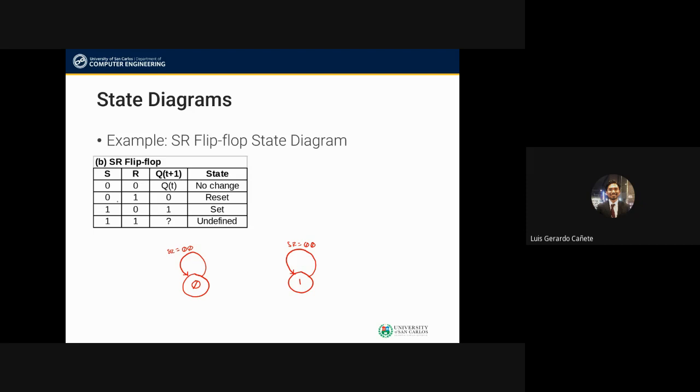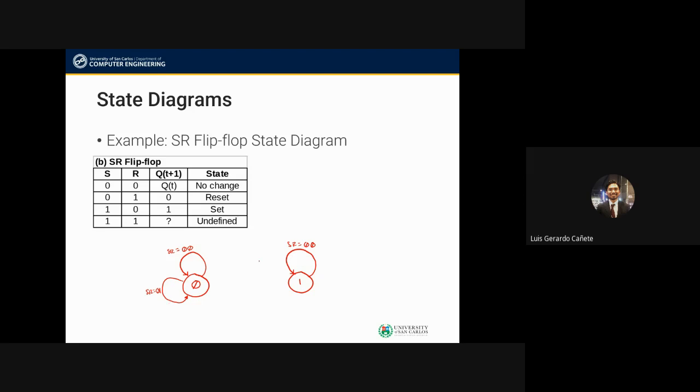Now, when we are in state 0 and SR is equal to 0, 1, that will bring us back to state 0, because we are at the clear state.